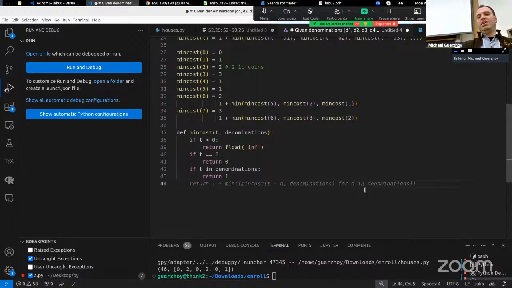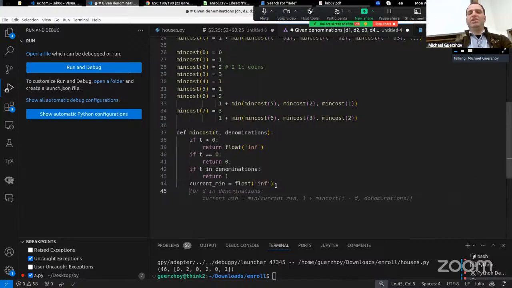And then, this is valid, but I haven't told you how to do this, so we'll do a for loop. Now what I need to do is basically try every possible thing and see how that works. So current min is infinity, and then I'll try every possible denomination.